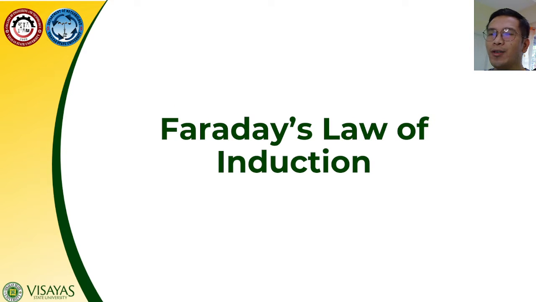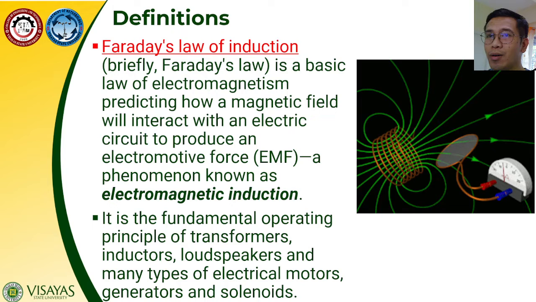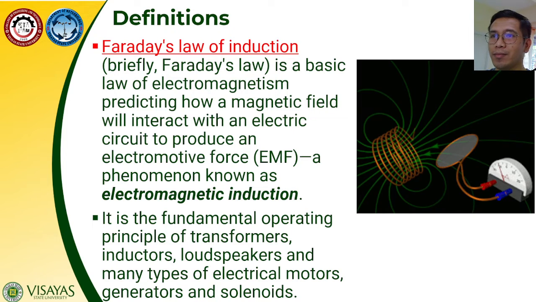So the underlying principle for experiment number 5 is Faraday's law of induction. By definition, Faraday's law of induction, or briefly Faraday's law, is a basic law of electromagnetism predicting how a magnetic field will interact with an electric circuit to produce an electromotive force, or EMF.